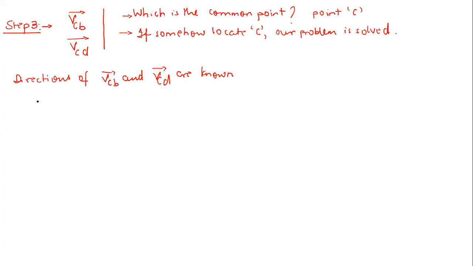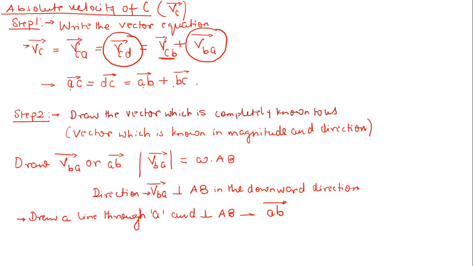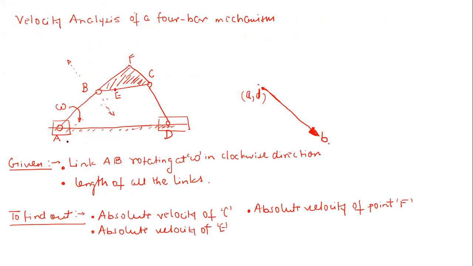So now let me write down this VCB vector. This VCB vector, it is perpendicular to which link? AB, BC, CD. The velocity of C with respect to point B is a tangential velocity with respect to this side BC, correct?